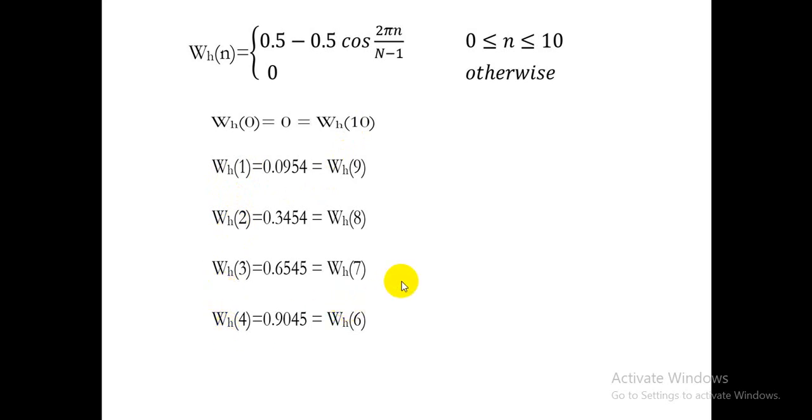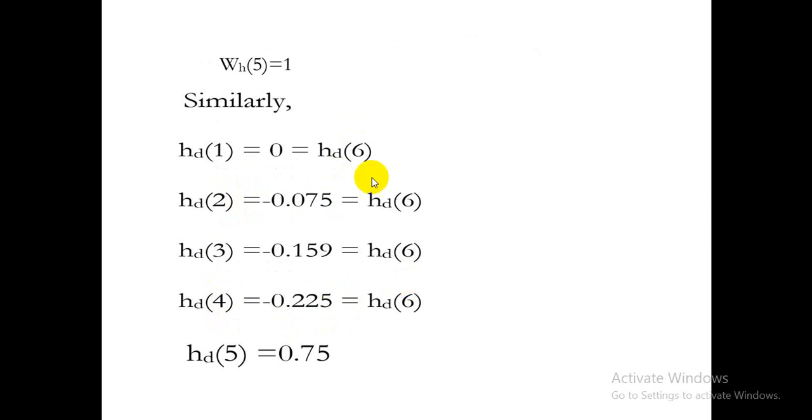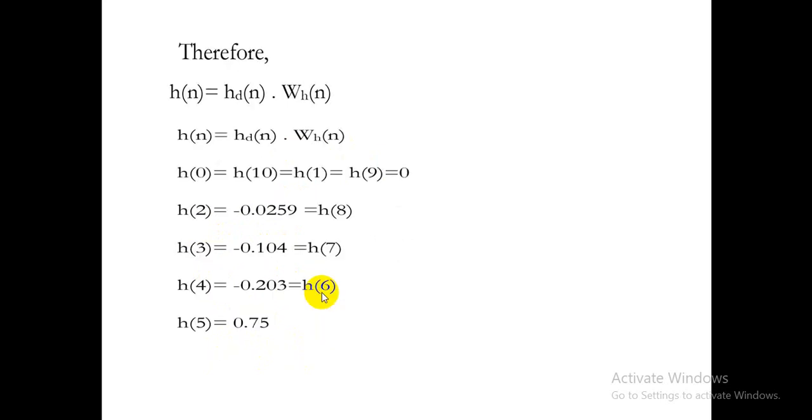Then next, you need to find similarly hd(n), right? hd(0) is the same as hd(6). So you find up to hd(2), hd(3), hd(4) and hd(5), which is equal to 0.75, right?